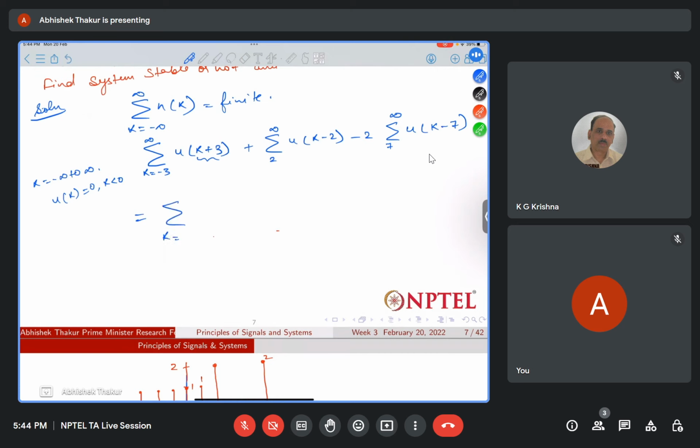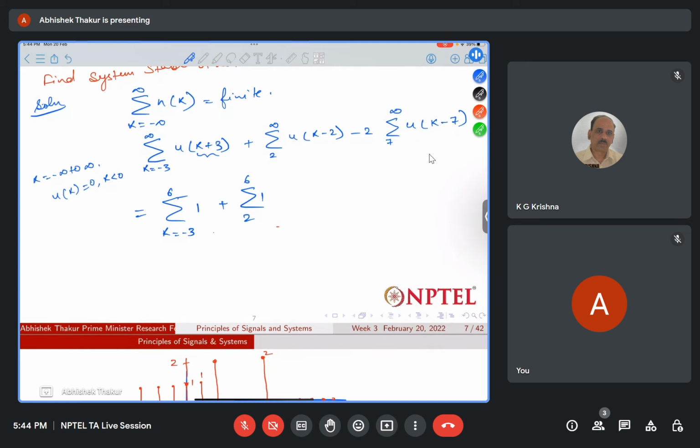From k is equal to minus 3 to 6, there will be summation of 1 plus, for k is equal to 2 to 6, summation of 1, because after 7 all terms will vanish. So we will get here 9 plus, not 9, k is equal to 0 will also come.